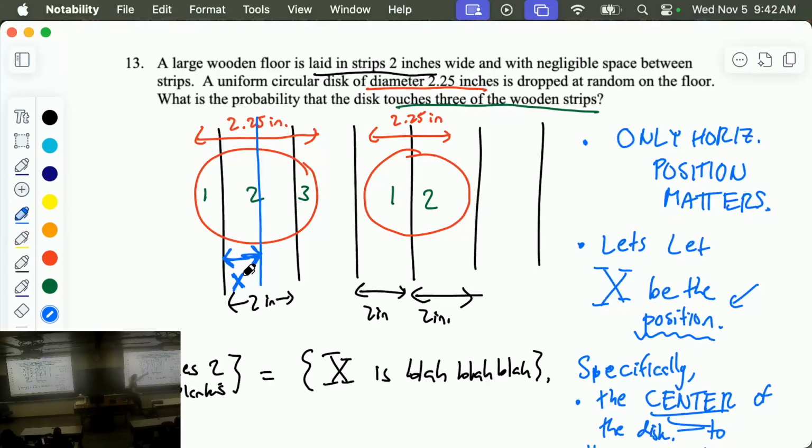But if the disk ends up over here, then x is some really teeny tiny number, right? X is over here. So this is x close to 1, approximately halfway. And then this is like a teeny tiny x, okay? And the point is that x is random, and by doing it this way of measuring where inside one plank we are, we have turned x into a number that is definitely in the interval 0 to 2.